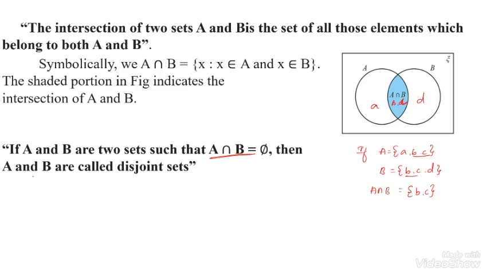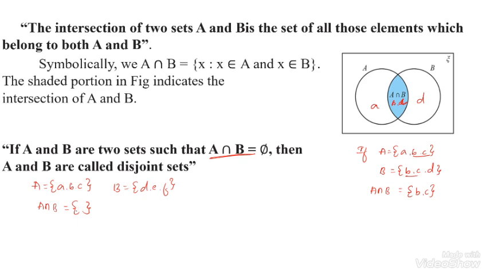For example, let A be a set containing the elements A, B, C, and the set B containing the elements D, E, F. Now we have to take A intersection B, which means checking the common elements between the two sets. Here A contains A, B, C, and B contains D, E, F. There is no common element between these two sets, so it is the null set.